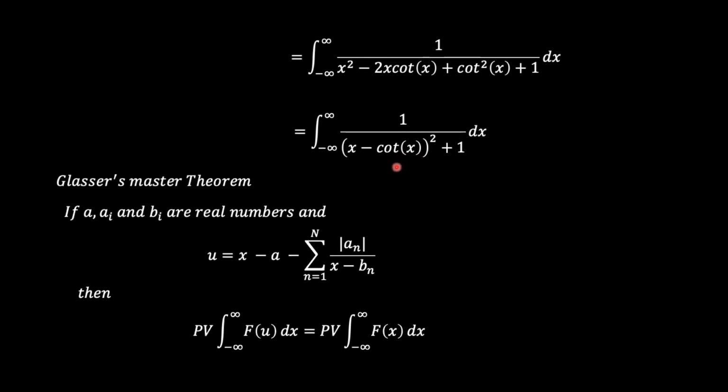Now the integral of this 1 over u squared plus 1, with cotangent being there, is the same as the integral of 1 over x squared plus 1. And this obviously is limited to when we have the limits minus infinity and positive infinity.